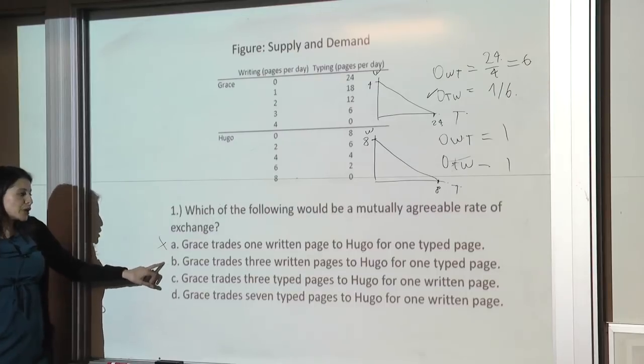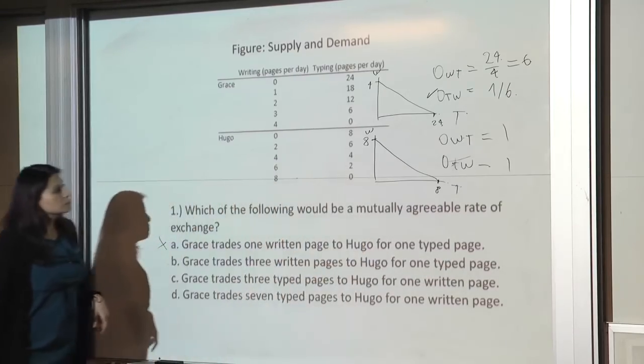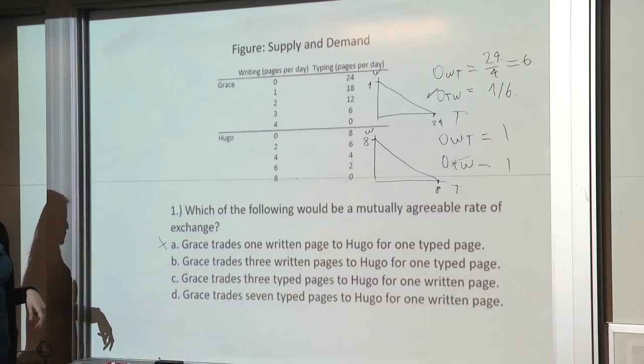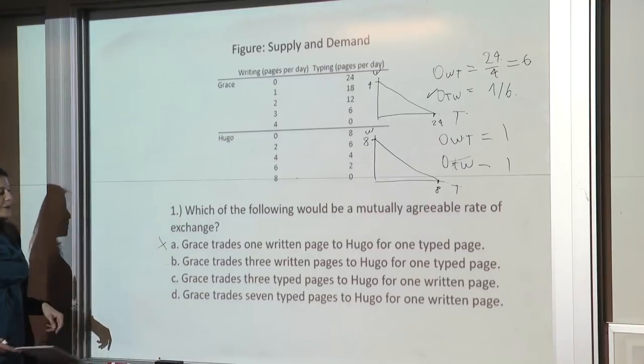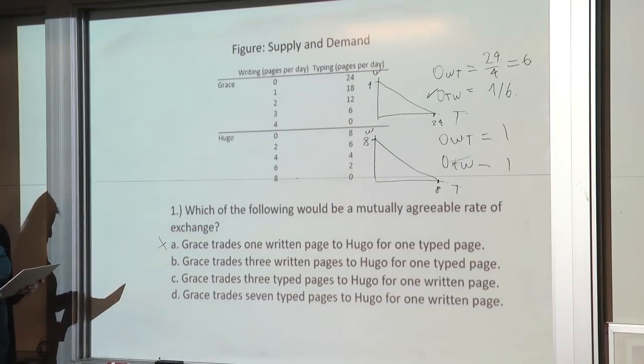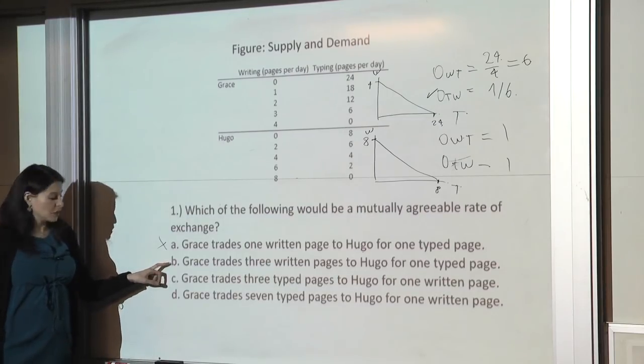B, Grace trades 3 written pages to Hugo for 1 type page. How does that look? No, because it is more expensive for Grace, right? Okay.